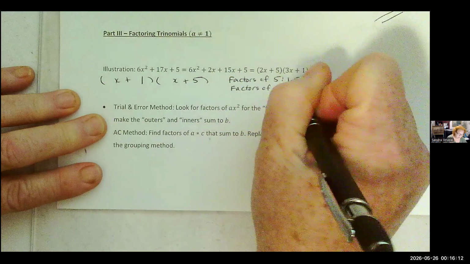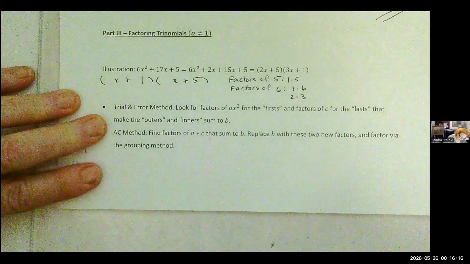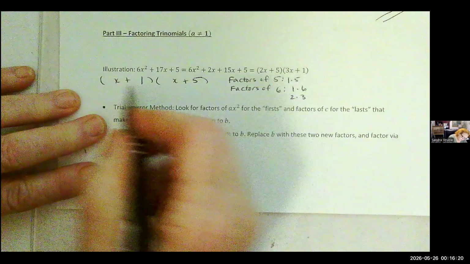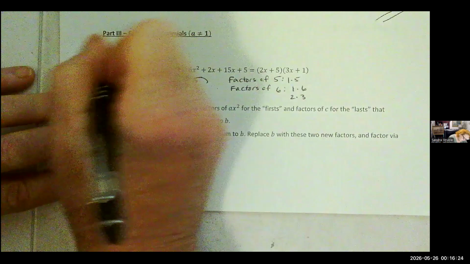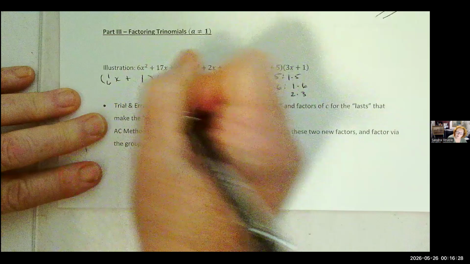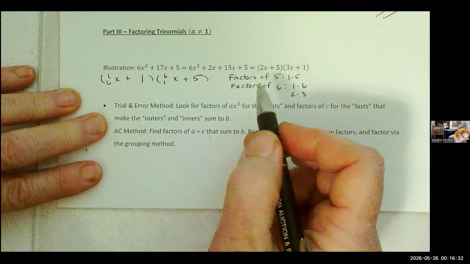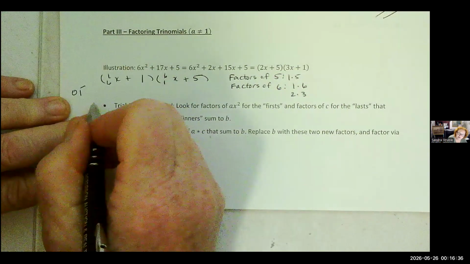Here's where the trial and error comes into play. I leave it just like it is, and I put in 1 and 6 and 6 and 1. I'm going to start with those. I just check my outer and inner. Multiply together. The outer, 1 times 5 is 5x.